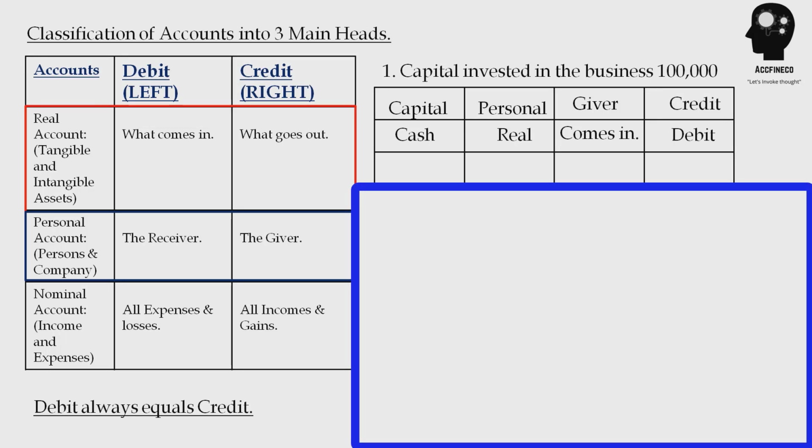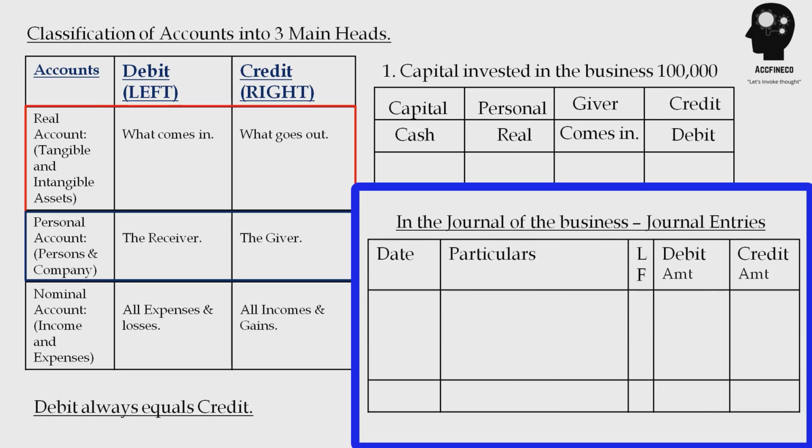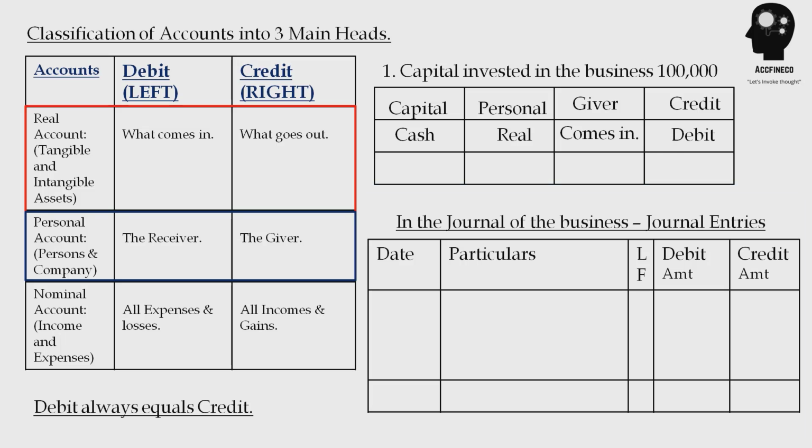In the journal of the business, which is the book of prime or first entry, for all transactions we must follow a format, which is on your screen. Under particulars, we write, starting from the extreme left, cash account debit, and then on the next line, a little to the right, about a finger space, we write to capital account, and write under the debit and the credit amount columns 1 lakh on their respective line.